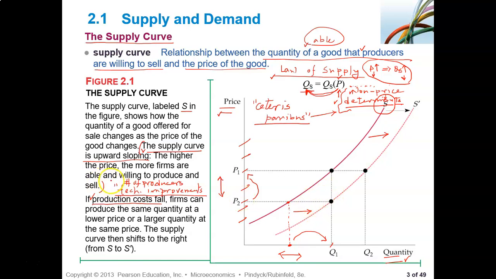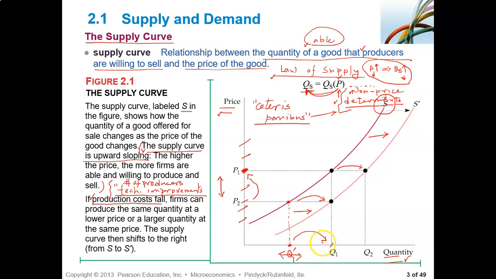In all of these cases, the supply curve shifts from S to S prime. As a result, look at that: for the same price P1, supply increases from Q1 to Q2. Also for the same price P2, supply will increase. Let us call this Q1 prime, from Q1 prime to Q1.